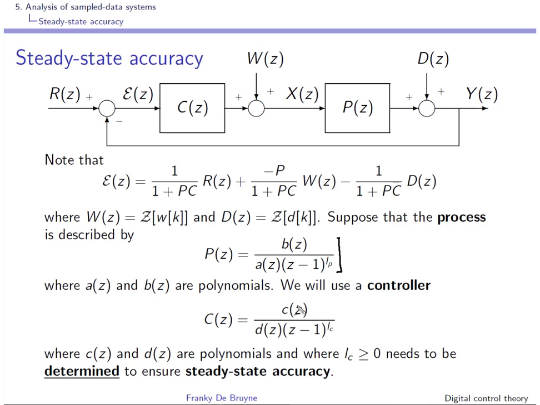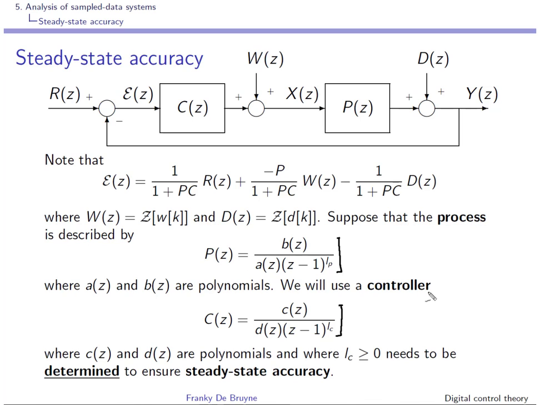We will use a controller C of z that has following transfer function. So again, here C and D are polynomials, and well, this controller has also a number of integrators. The difference is, of course, that the number of integrators in the process is really process dependent. It's not something that you can choose, right? It's fixed by the process.